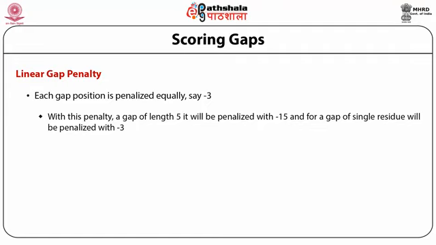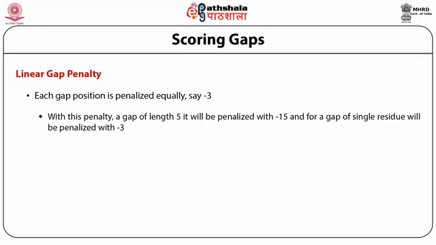For example, if we fix the gap penalty at -3 and there is a deletion of 5 residues, then the gap penalty will be -15. On the other hand, if only one residue is deleted in the sequence, then the gap penalty score during alignment will be just -3.